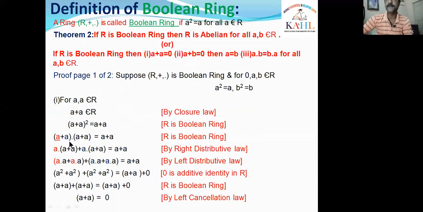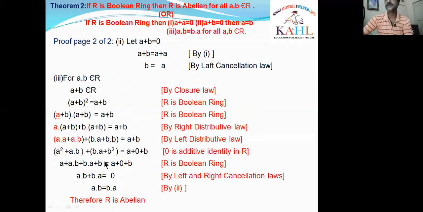The total element a plus a is distributed to these two terms, a into a plus a. Similarly, here also, the total a plus b is distributed to these two terms, a into a plus b, b into a plus b. A plus b is distributed on the right side. So this is called the right distributive law.